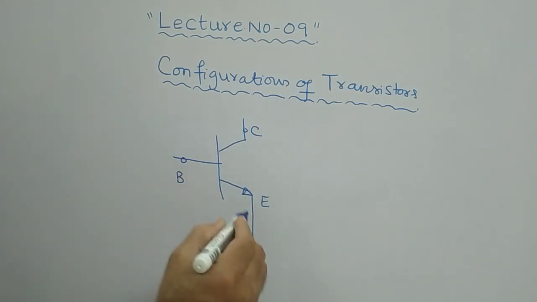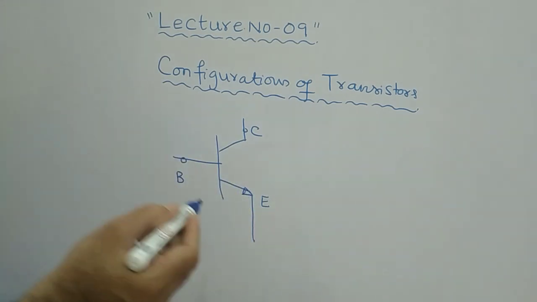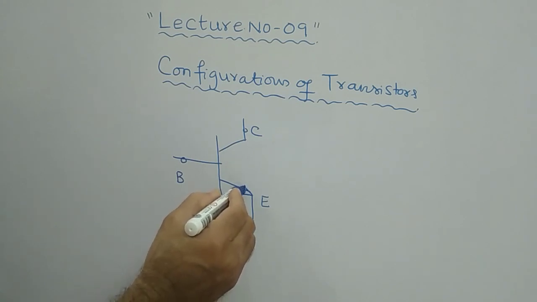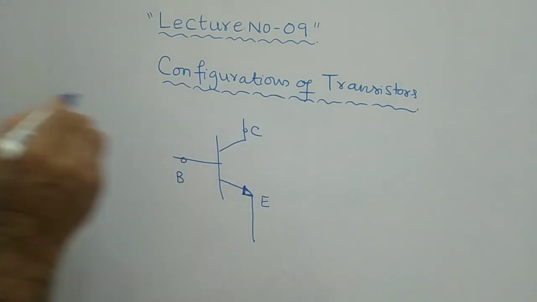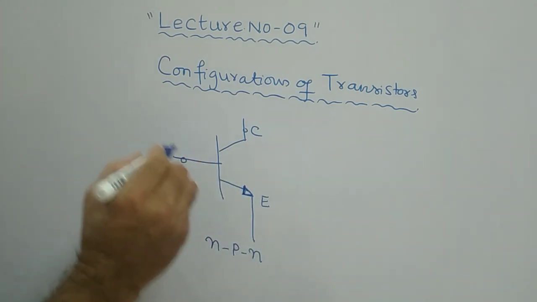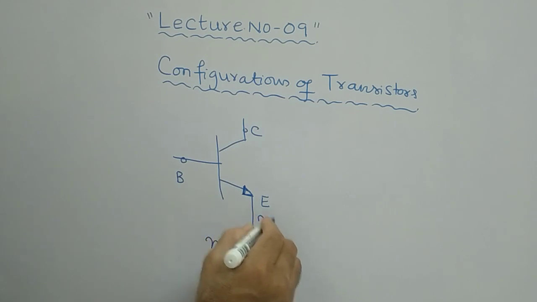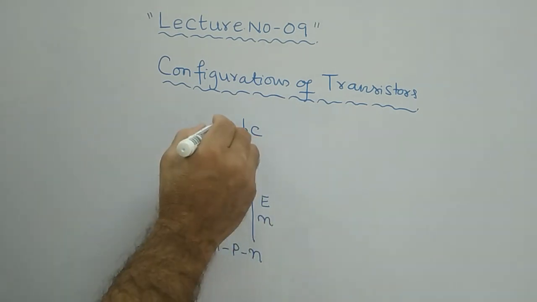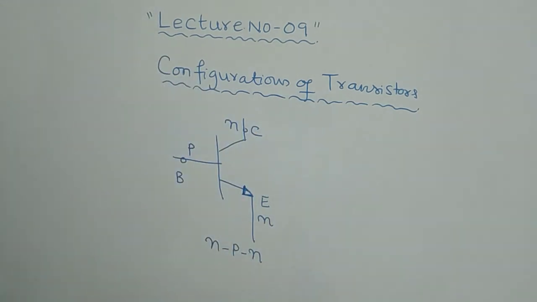Here the arrow mark indicates the direction of flow of current. This is N, this is P, and this is N, so it is an NPN transistor.